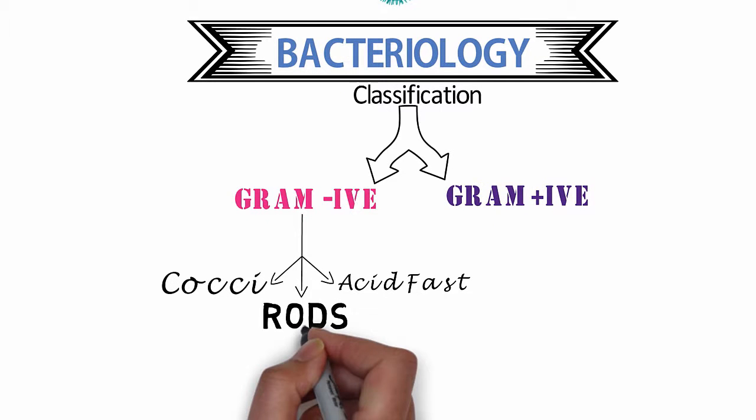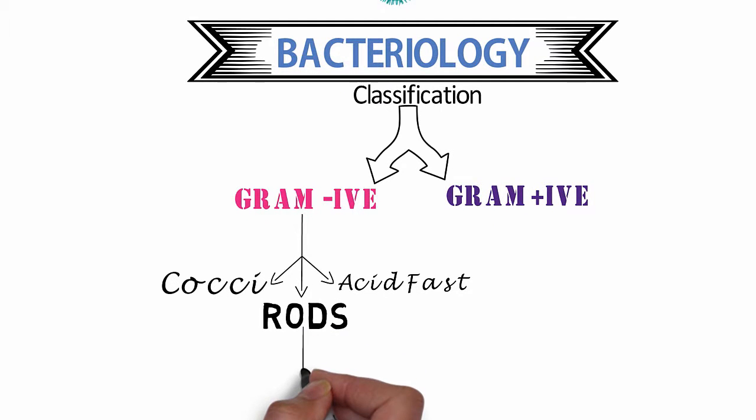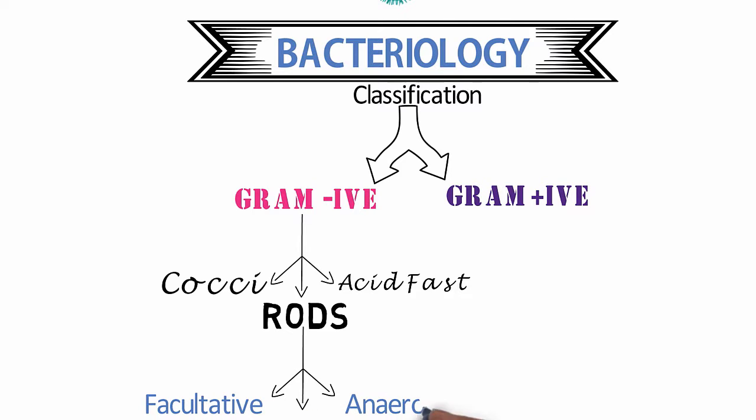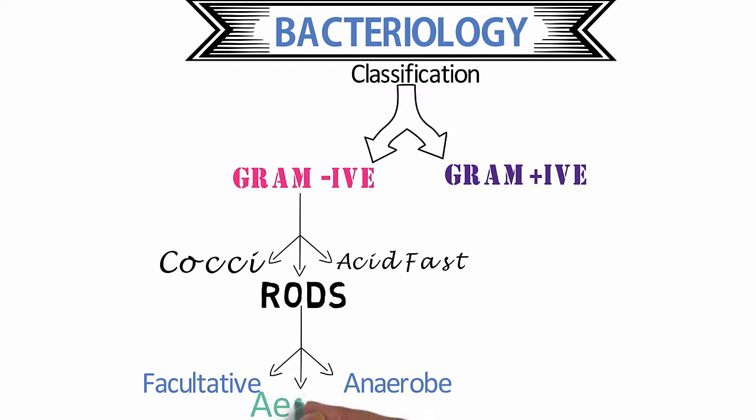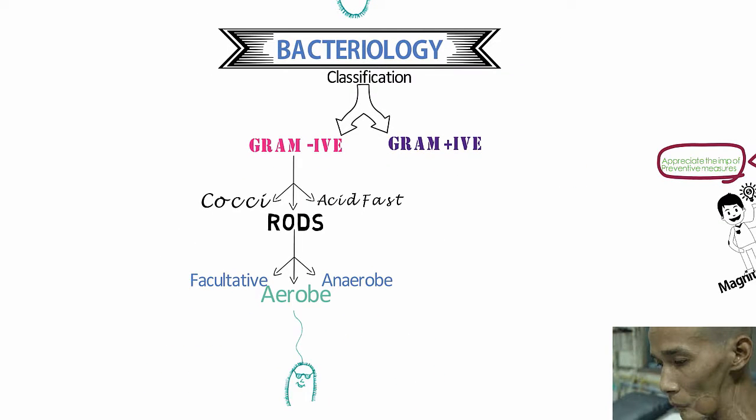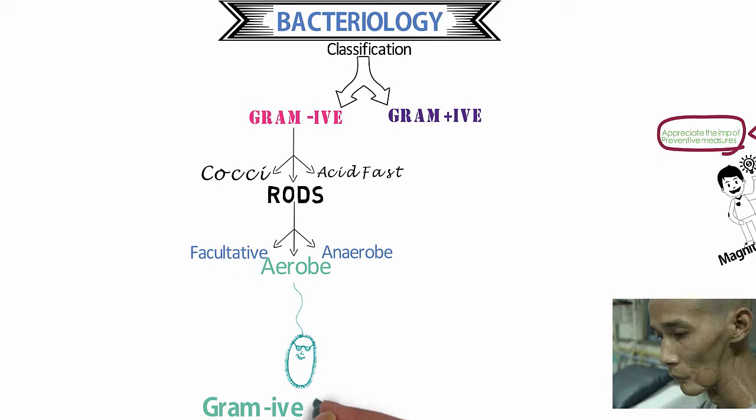And we divide the gram-negative rods into three categories based on oxygen requirement: facultative, anaerobic, and aerobic gram-negative rods. Pseudomonas aeruginosa is an aerobic gram-negative rod.